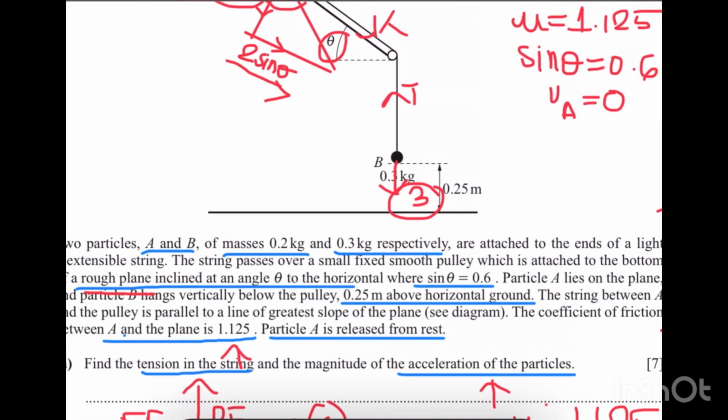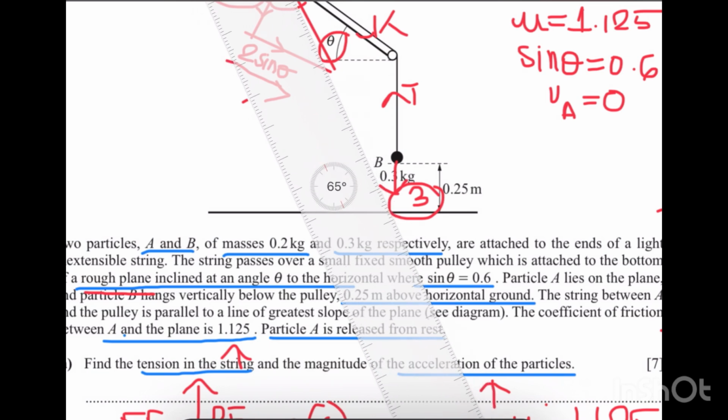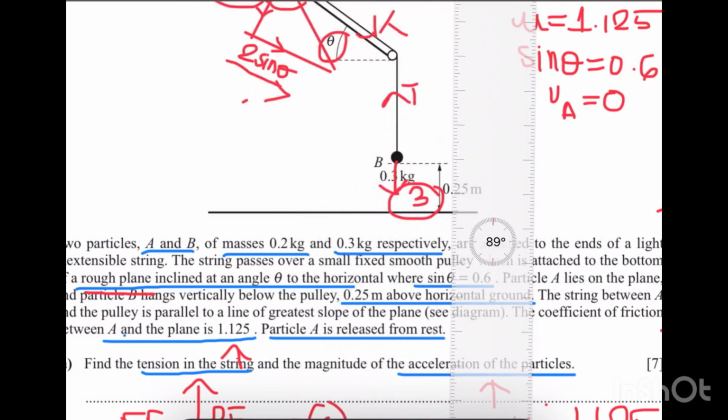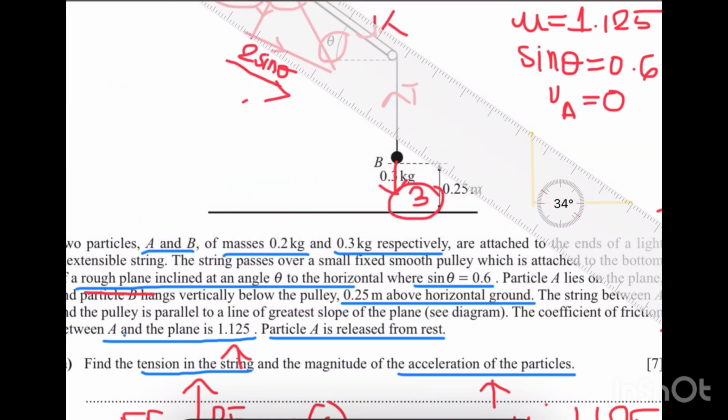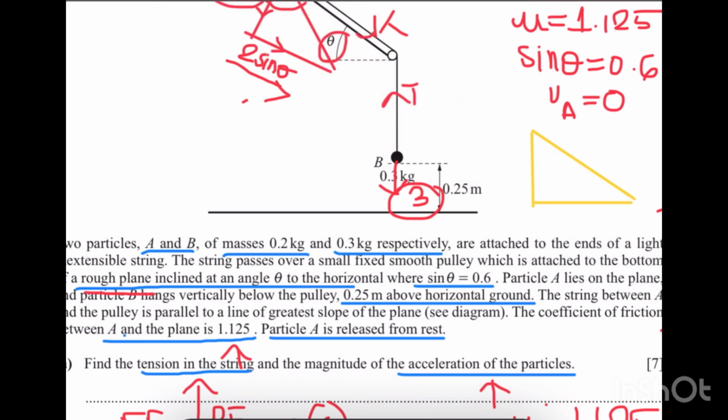Now an easy way to find out the value of cos theta is to show it in a diagram as a triangle. So let's say that I will draw a triangle, and so sine theta is equal to 0.6. We can write 0.6 as 6 over 10. And sine theta is equal to the perpendicular over the hypotenuse.